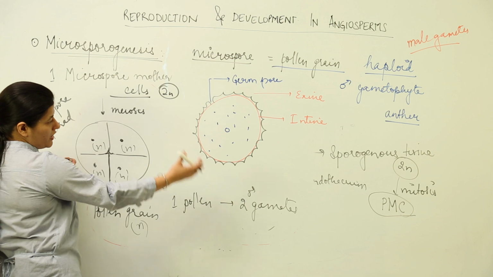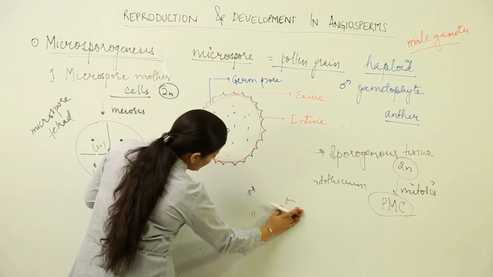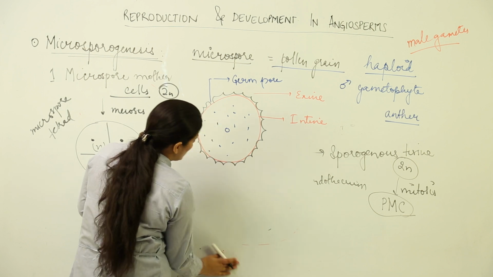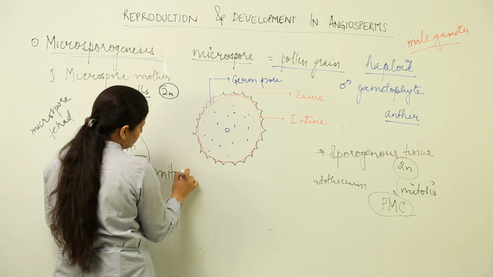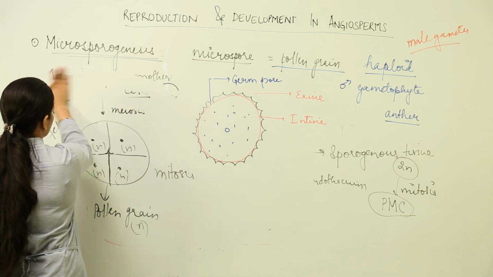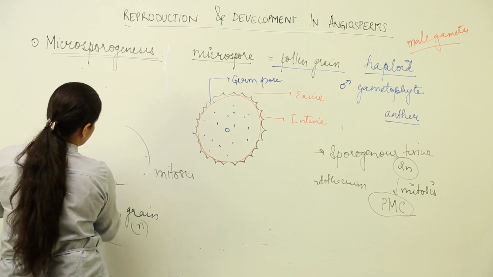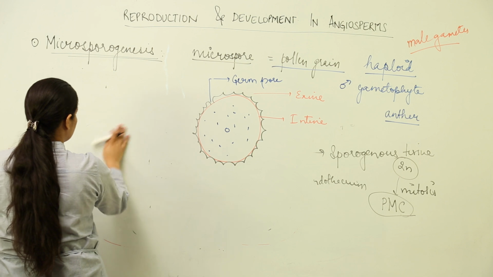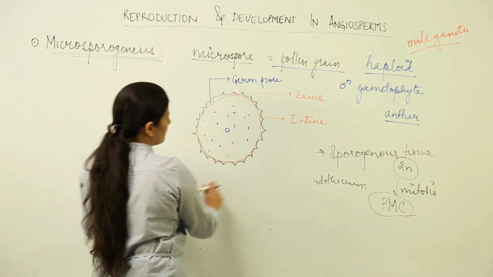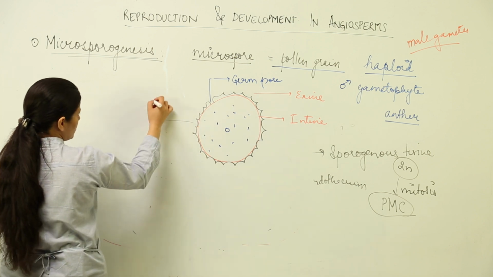Now, what is the remaining part of the process? This was the pollen grain that we had discussed. Now, this pollen grain has to undergo mitosis. I am going to get rid of all this so that we have an idea what we are talking about. What happens in this pollen grain is that it undergoes mitosis.